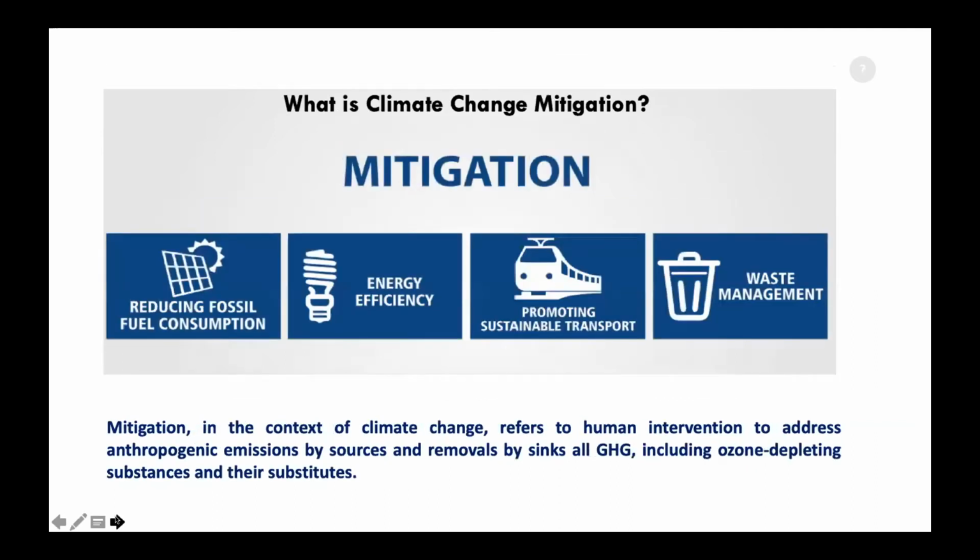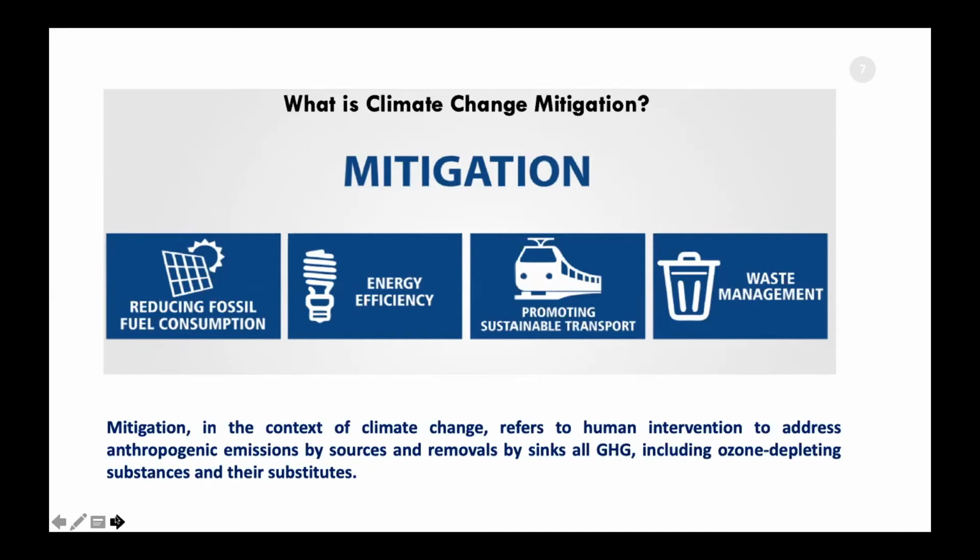For climate change mitigation, this is different po from disaster risk mitigation po, no. Mitigation po in the context of climate change refers to human interventions that would limit greenhouse gas emissions and removals by sinks of all GHGs po, no.